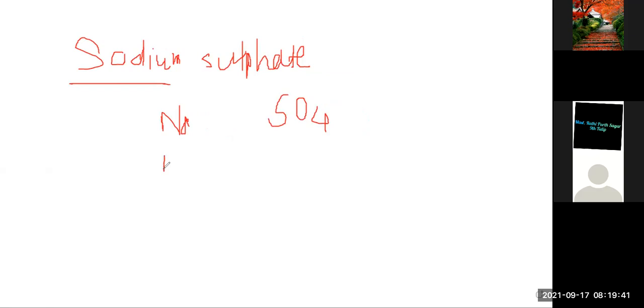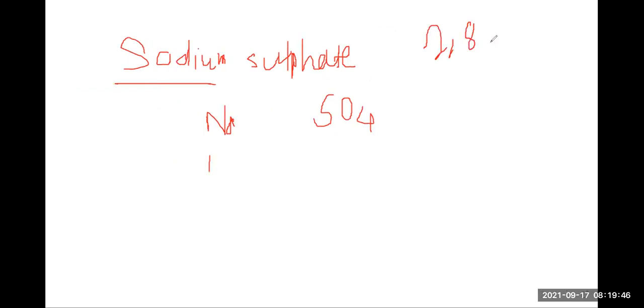The valency of sodium is 1, because we know its atomic number 11. And the valency of SO4 is 2 minus, as we saw in the free radicals. Here plus 1, here 2 minus. Then we cross multiply this, and we'll get the answer. What is that?